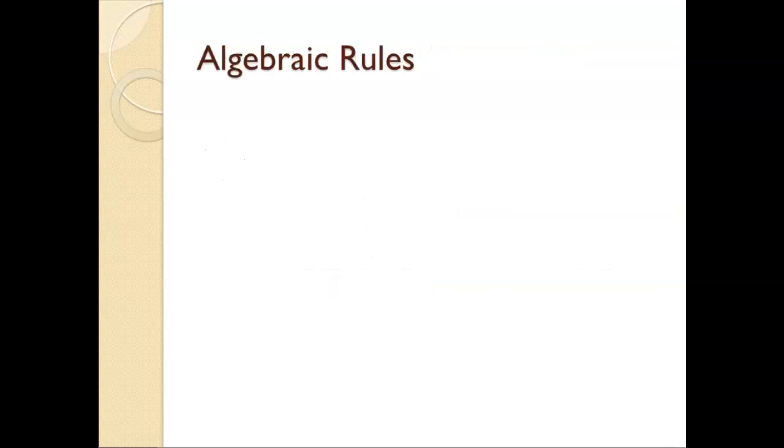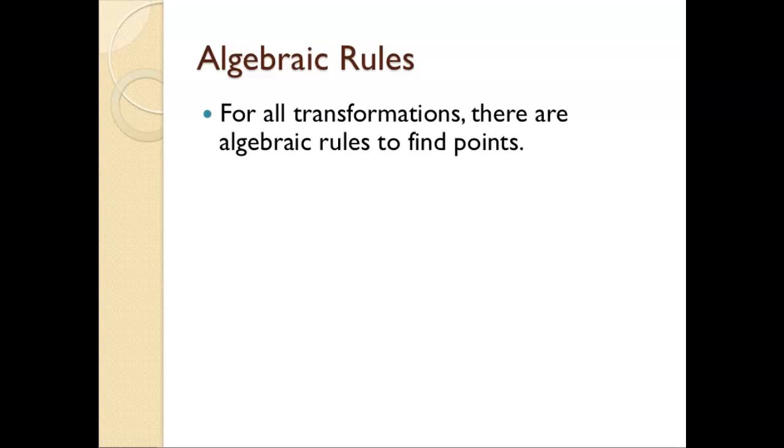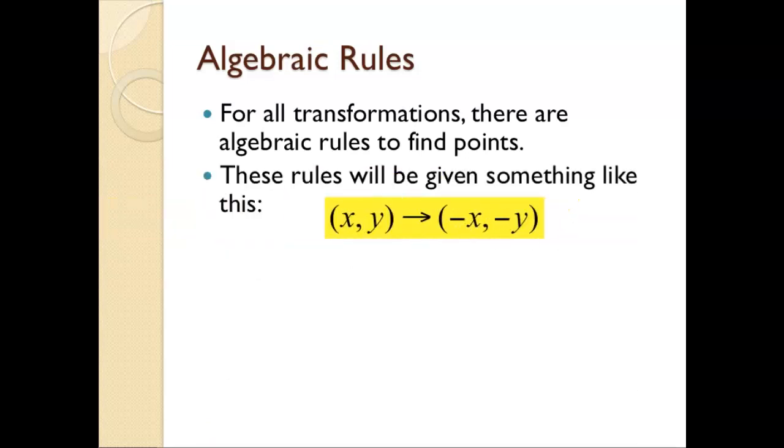So let's talk about the algebraic rules. For all transformations, there are algebraic rules to find points. The rules will be given something like this. On the left you have the original points x comma y, then there will be an arrow, and on the right it will tell you what it transforms into. So in this case, both x and y become the opposite.